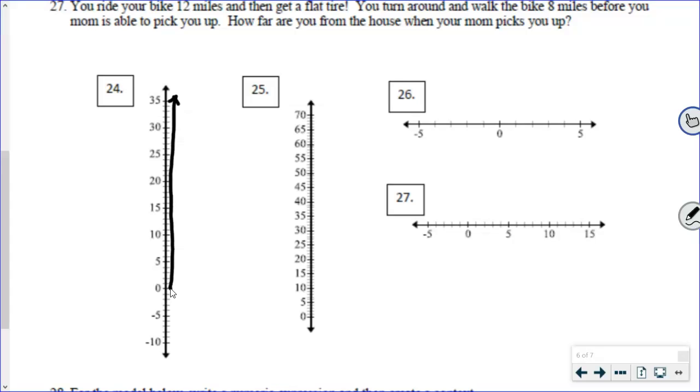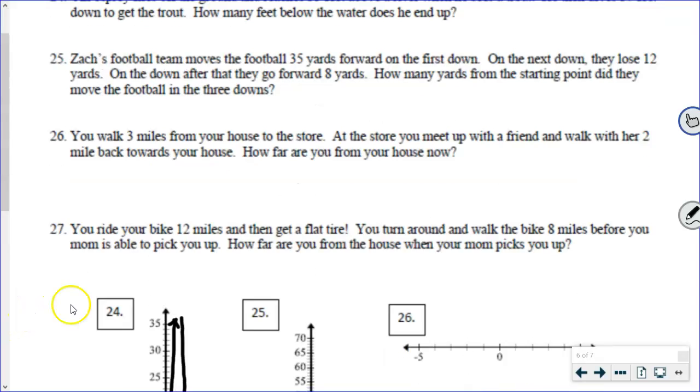Showing where the osprey is currently, 35 feet above, diving down 37 feet. Ending at -2. Fantastic.